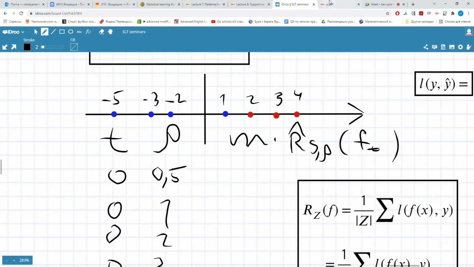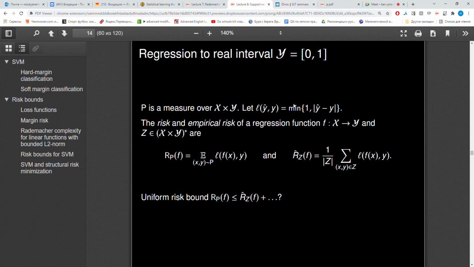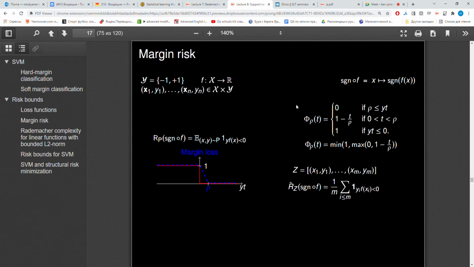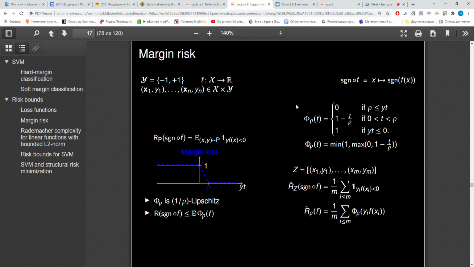If you remember, we were talking about the main idea of the margin. It is some tube over the half space, our hyperplane that splits the space.